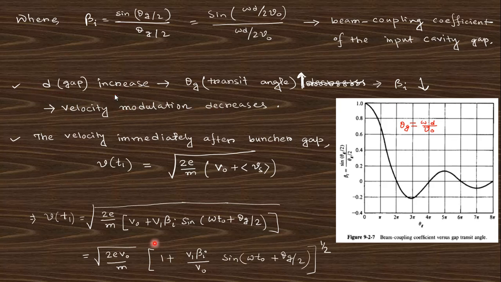So with increasing the gap of this buncher cavity, the velocity modulation will decrease. Okay. And the velocity immediately after the buncher gap is like that.